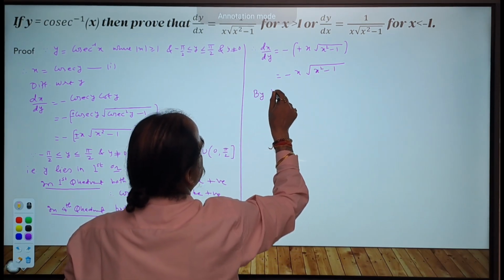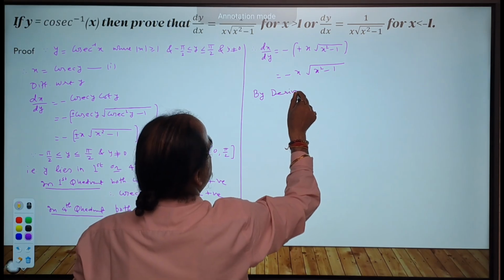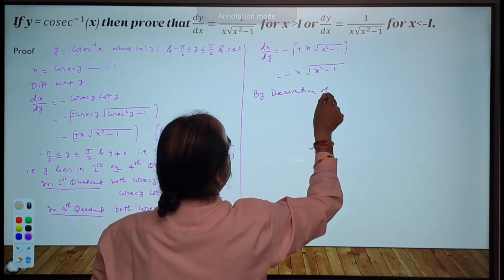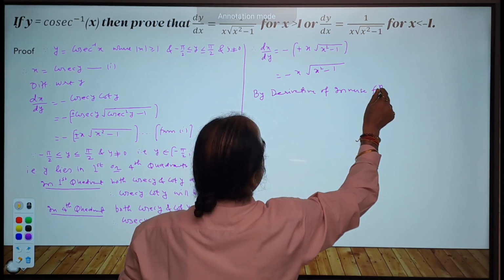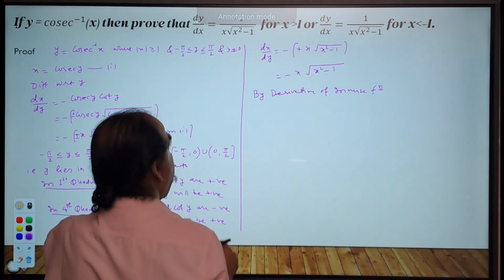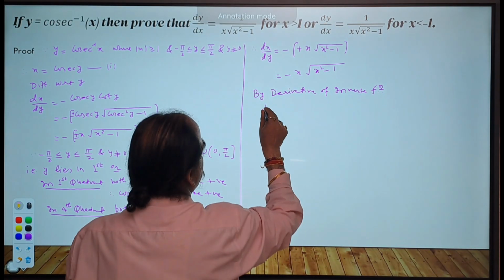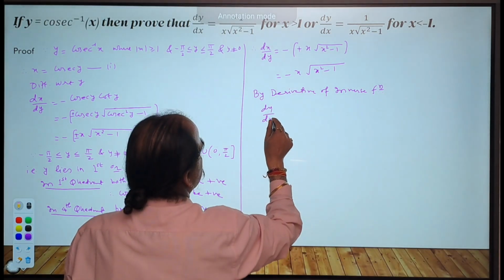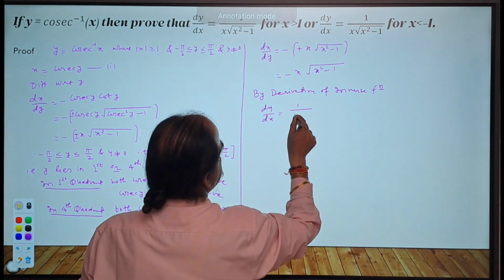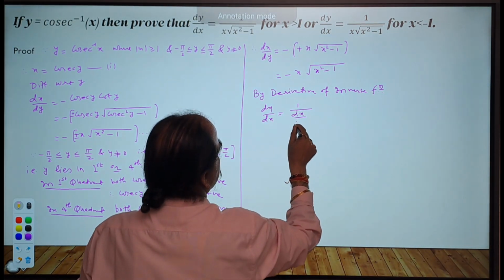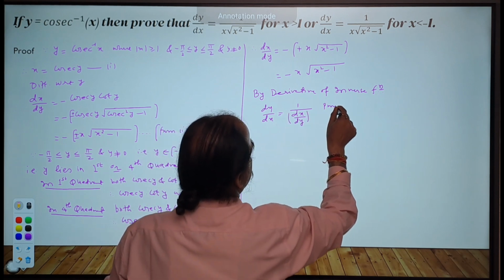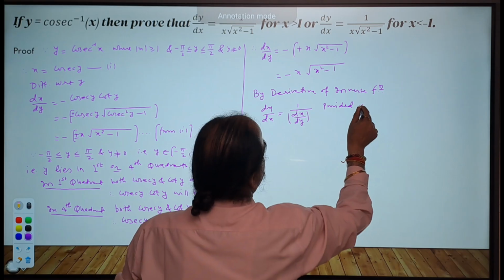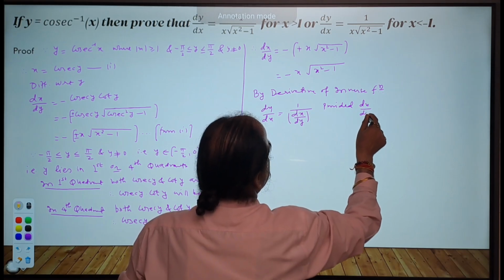By derivative of inverse function, dy by dx is what? 1 upon dx by dy, provided dx by dy is not 0.